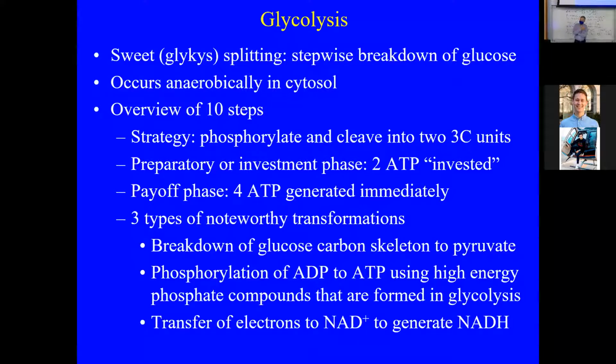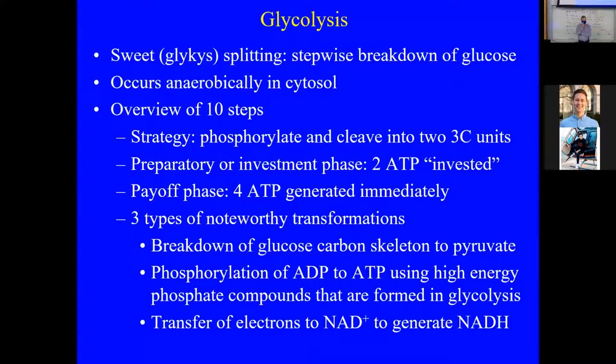From a different point of view, some of the intermediates are actually used for other purposes. And so by breaking it down into multiple steps, we have access to intermediates that can have chemical value for other processes. In addition, if we're going to release energy, we'd like to release it in smaller amounts that can be captured chemically.